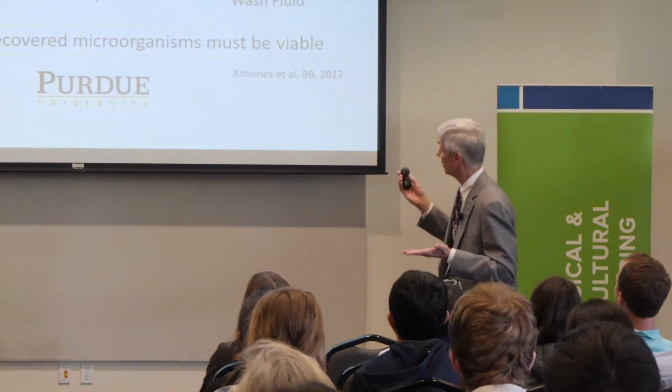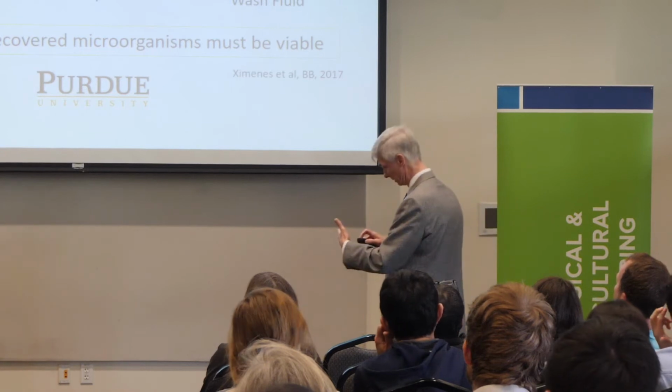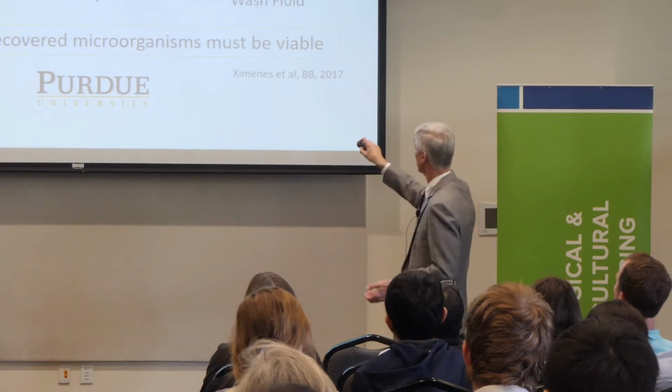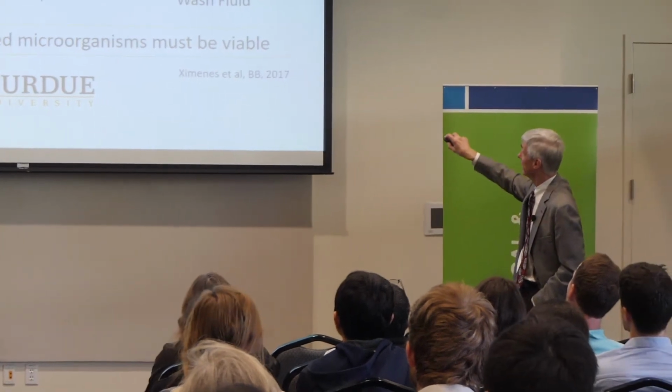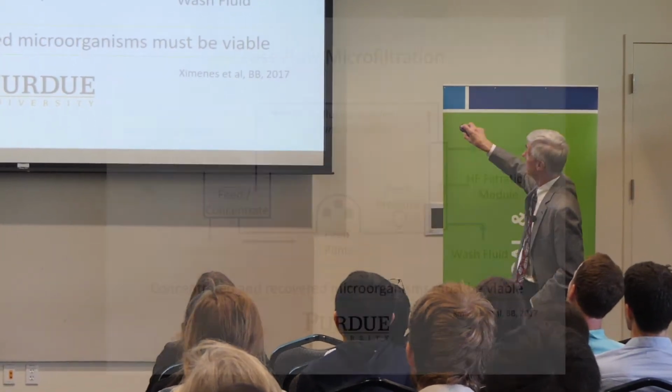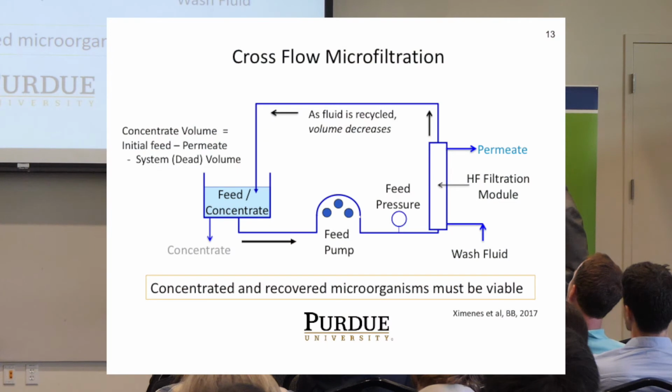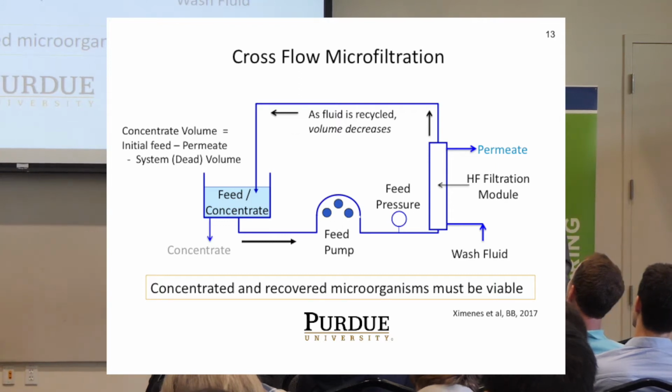And then the way it works is you have a feed pump. Here we go. It goes through something that looks like a straw. It's recycled, goes back into the feed concentrate reservoir. Of course, we have media to help the microorganisms survive and grow while we're doing this. We've added enzyme to prevent fouling.